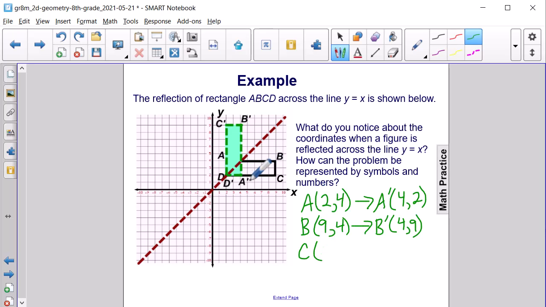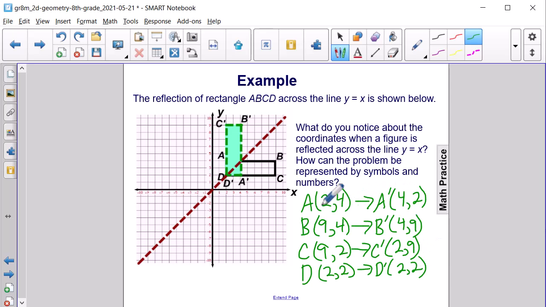Point C is at 9, 2, and C prime was at 2, 9. And our point D was at 2, 2. And point D prime actually stayed in that same position, 2, 2.